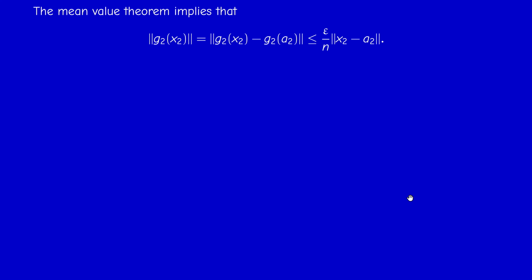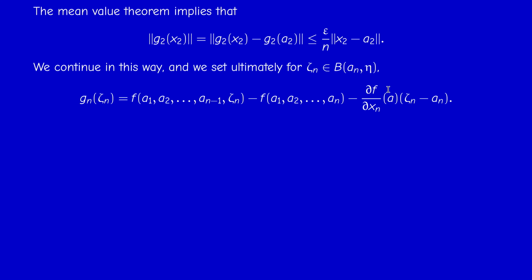So I apply again the mean value theorem on the ball of center a2 and radius eta. So I get that the second line in norm is less than epsilon over n times the distance between x2 and a2, and we continue in this way until we arrive at the last line.